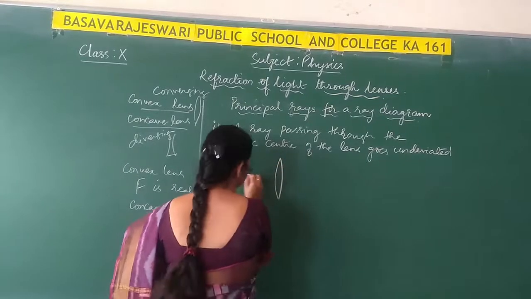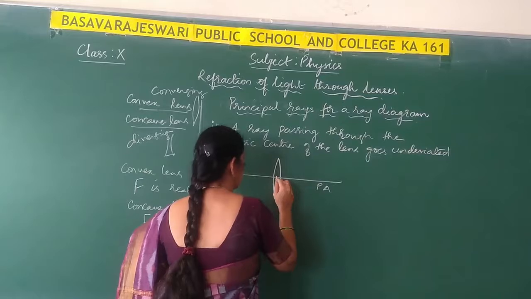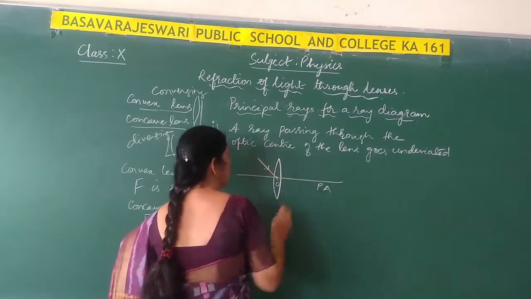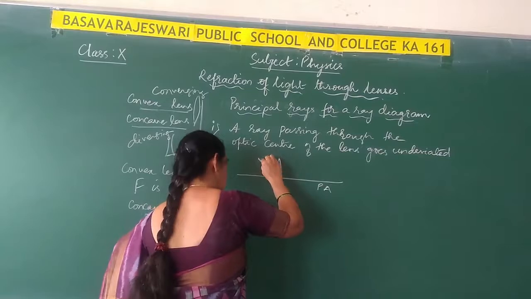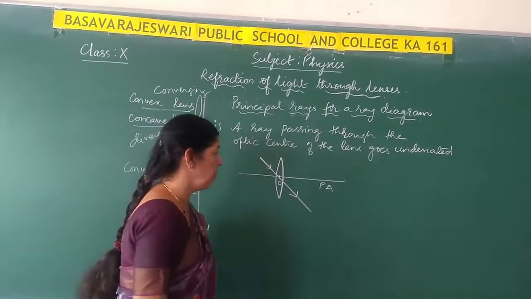See here. So this is the principal axis of the lens, is it not? This will be the optic center. If you consider any light ray which is incident on the optic center for a convex lens, then the light ray will go undeviated. This you have to remember.